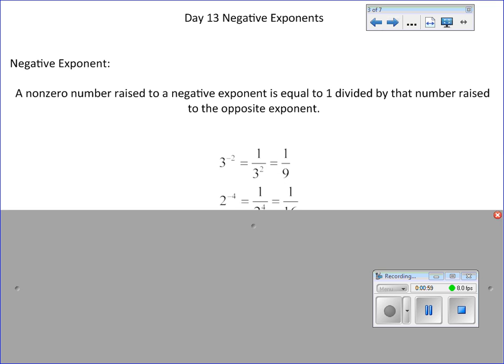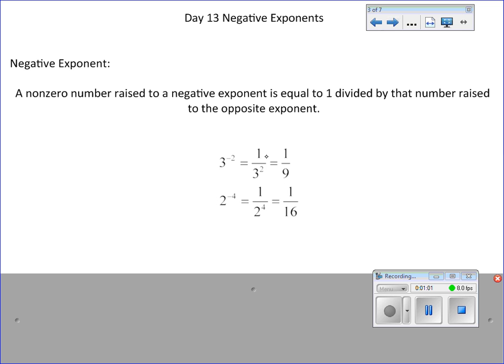Okay. Any non-zero number that is raised to a negative exponent is equal to 1 divided by that number. And so if we think about this 3 to the negative 2 as a fraction to start off with, what happens is we're really just moving this 3 to the negative 2 down to the bottom.